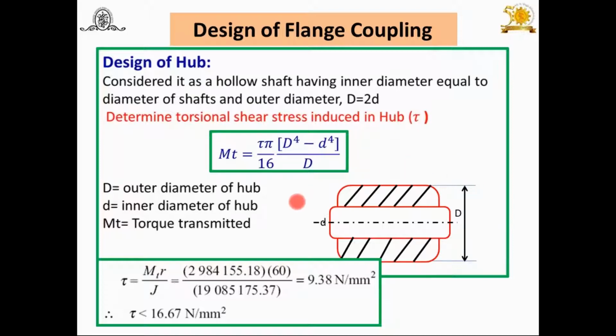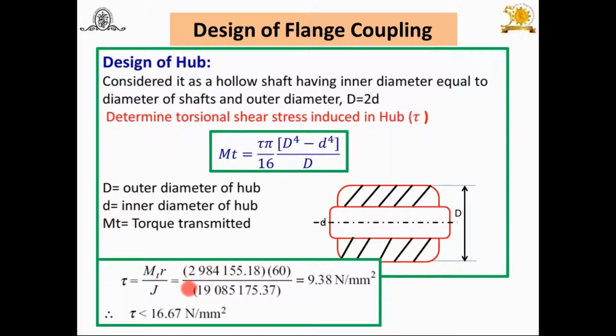Here D is the outer diameter, that is 2 times the shaft diameter, and small d is the inner diameter, meaning the shaft diameter. You can substitute D equal to 2d, where d is the shaft diameter, 60, so D is 120, and MT is the design torque transmitted. Substitute all these values and find this tau, that is the torsional shear stress induced in the hub, which we calculate using this expression.